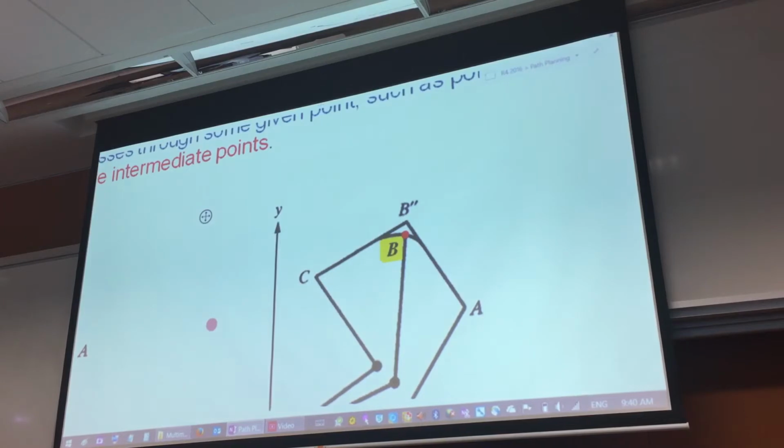In order to avoid that, you have this smoother curving intermediate point that resides where the B position is, because we are trying to define that the robotic trajectory must pass through the point B. So you design that B double prime point to be slightly above it, so that you move smoothly in an arc through your point B that you define you must pass through, to continue at a constant velocity to the next new position, C.